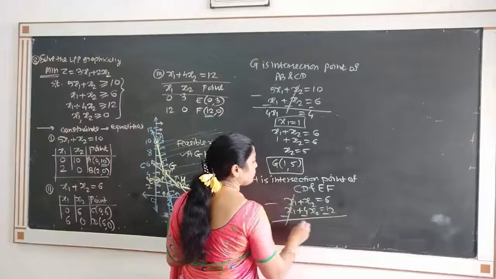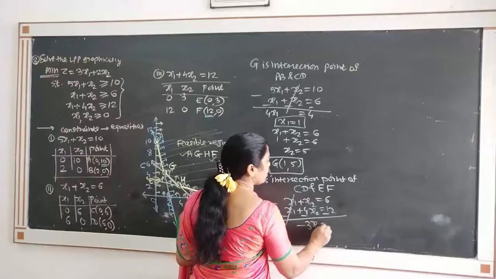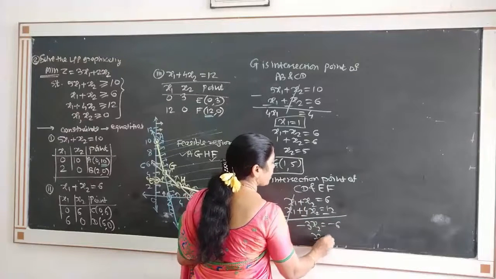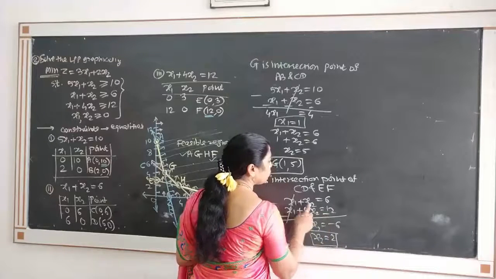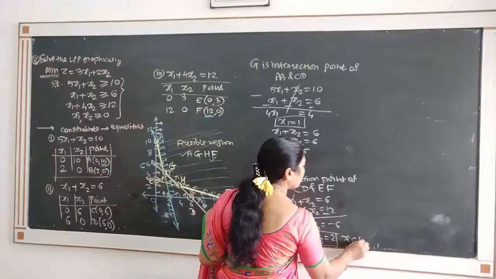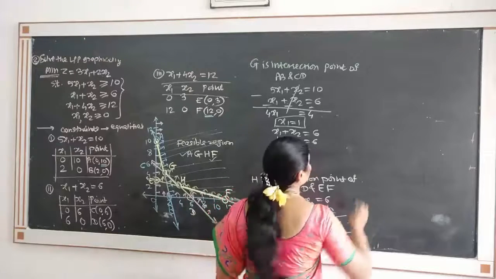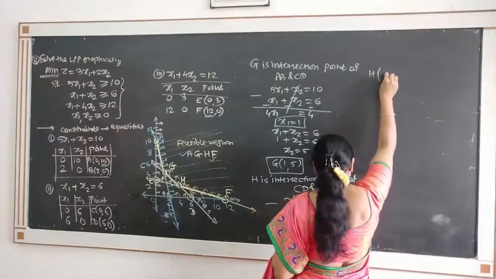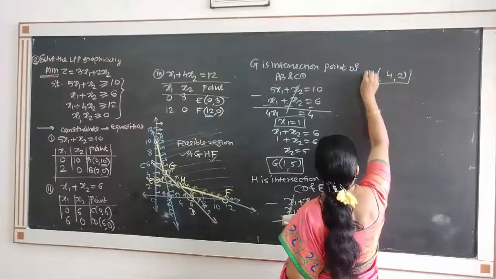Subtract the equations, we get minus 3x2 is equal to minus 6. So x2 is equal to 2. Substitute x2 equal to 2, we get x1 is equal to 4. So the H point comes to be (4, 2).